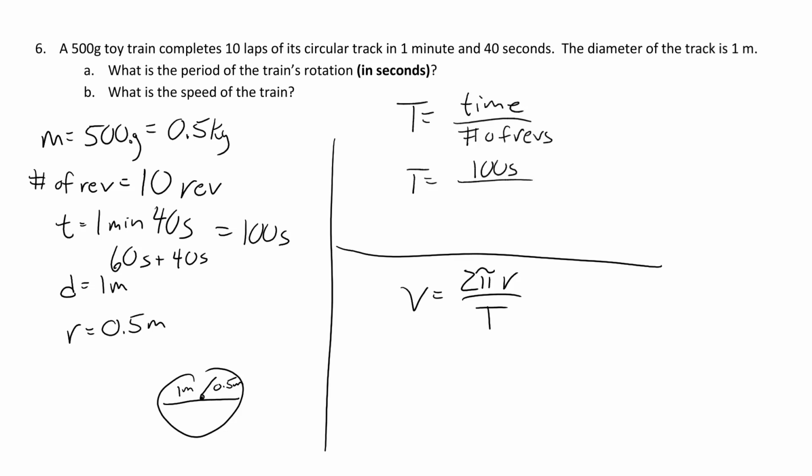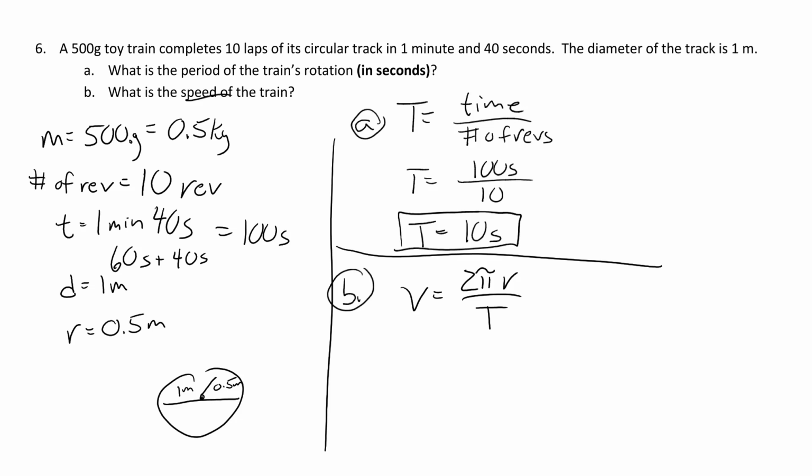You got to make 1 minute into 60 seconds and then add the 40. All right, and then it says 10 revolutions. So the period is going to be 10 seconds. If it takes 10 seconds for one cycle, it takes 100 seconds for 10 cycles. All right, so now we know what the period is. This is for A.